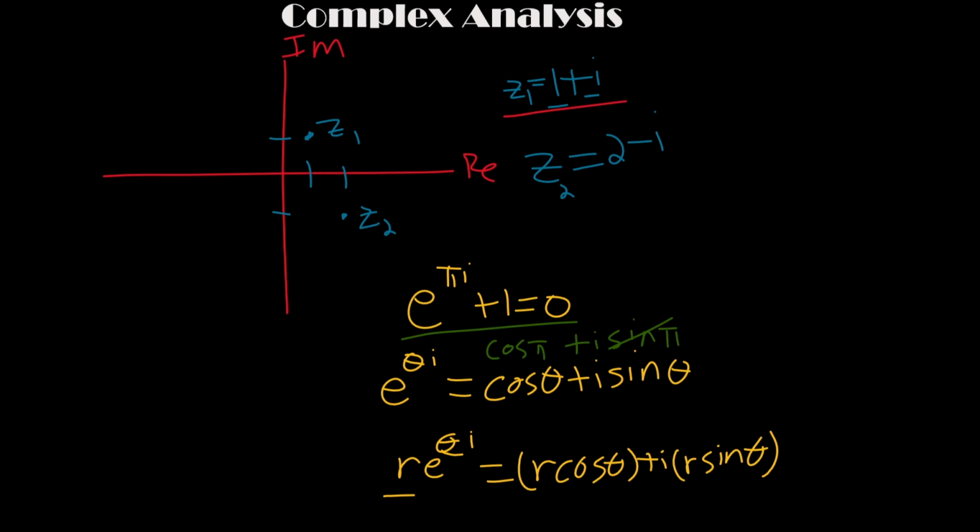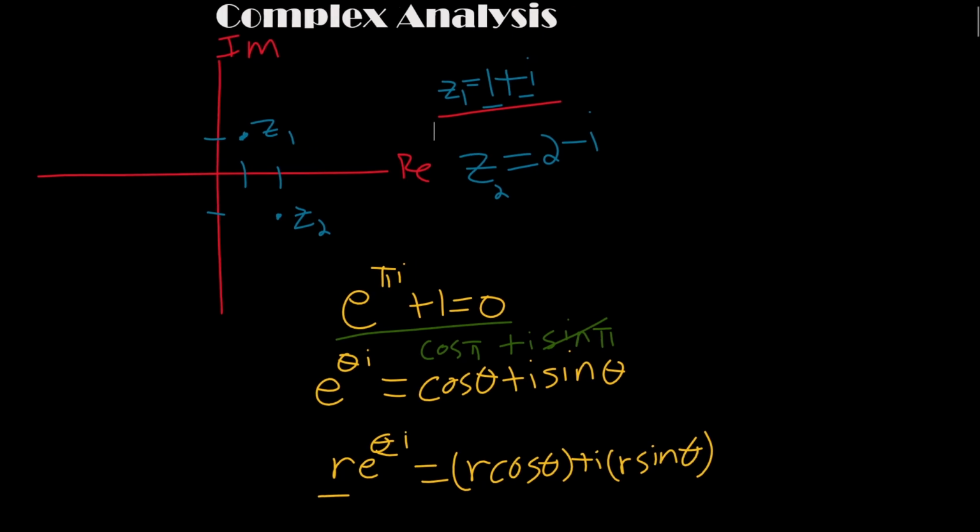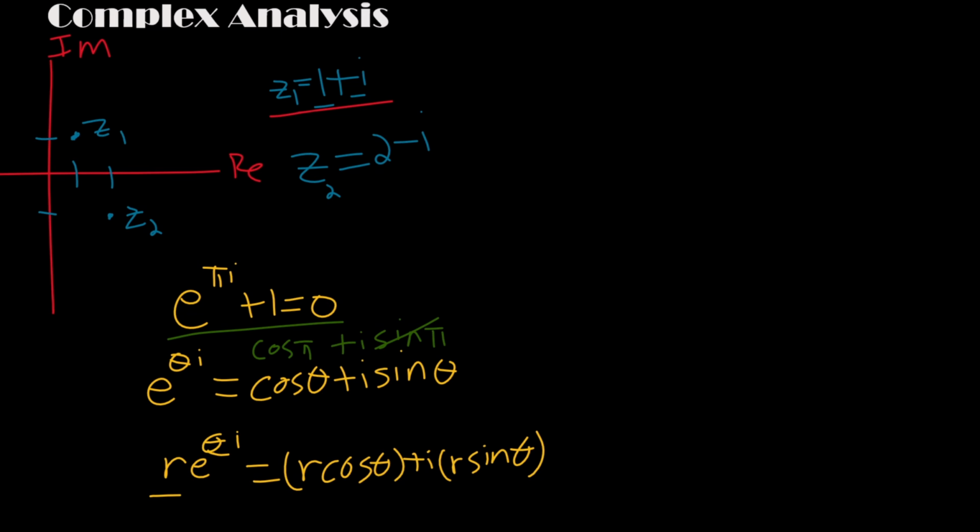What we need to do is find the radius, how far away 1 plus i is from the origin. The way we're going to do that is find z1 times z1 star, or sometimes it's denoted with a little bar on top. The point is that it's z1 conjugate. In quantum mechanics, it's usually a star, but sometimes they use the bar.